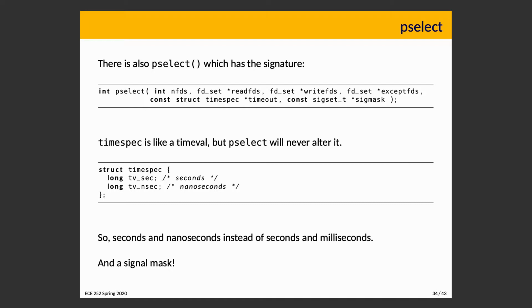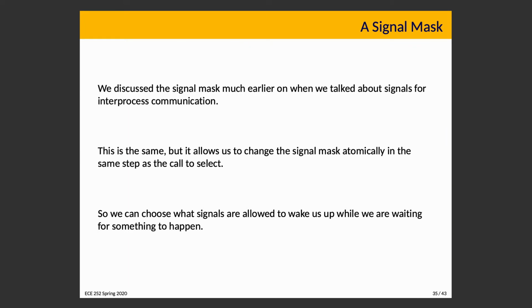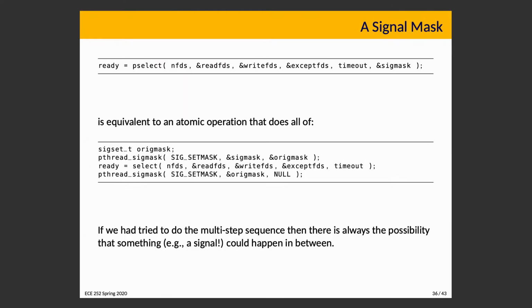The thing that's really cool about this is it allows us to change the signal mask atomically in the same step as the call to select. Well, in this case, pselect. And you can choose what signals are allowed to wake up this thread while we're waiting for something to happen. And so you give in the signal mask, and, well, it looks something like this.